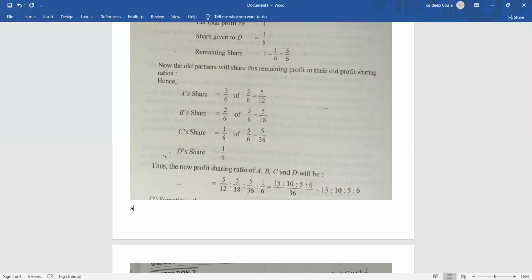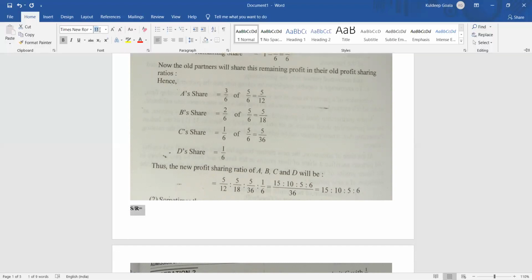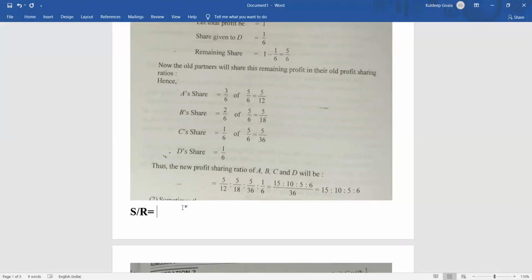Sacrificing ratio equals to, let me increase the size of this so that you don't have any doubt in understanding that. Okay, so sacrificing ratio SR equals to, you know that, old ratio minus new ratio, right? Old ratio minus new ratio.